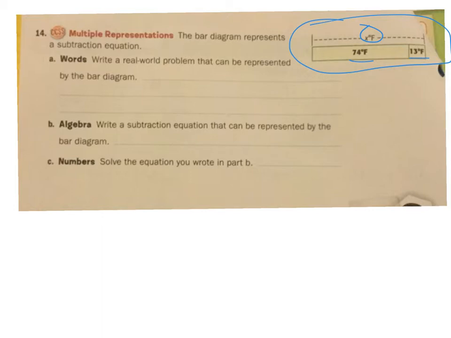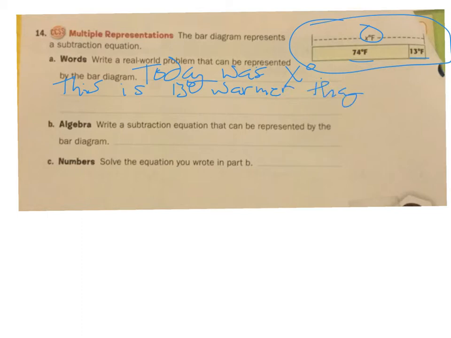So we could say today was X degrees. This is 13 degrees warmer than, I should probably spell than right, than yesterday.